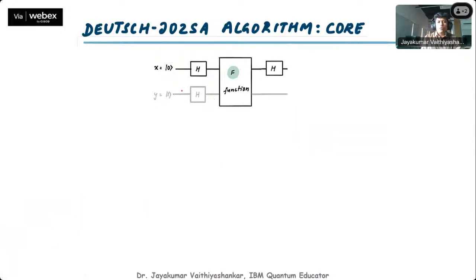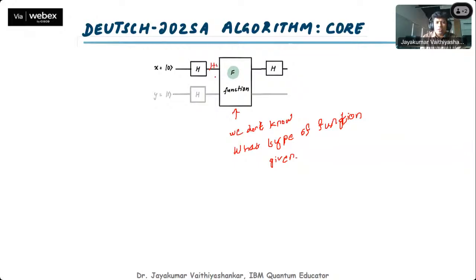Again, we are applying Hadamard after this function. We don't know what type of function is given.